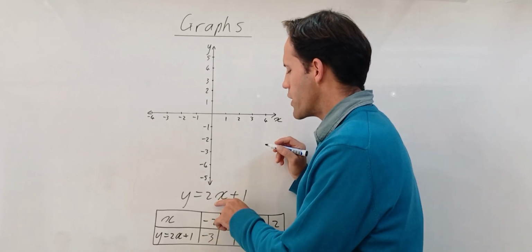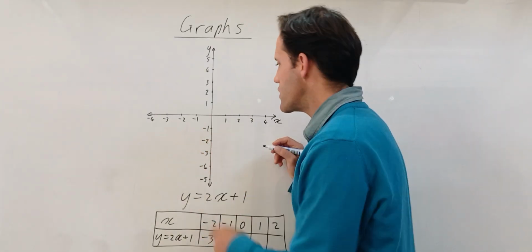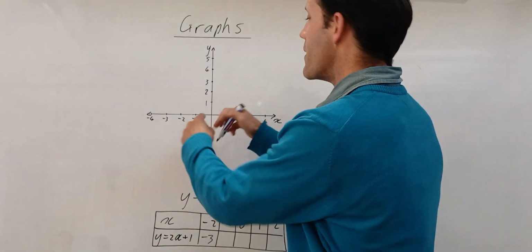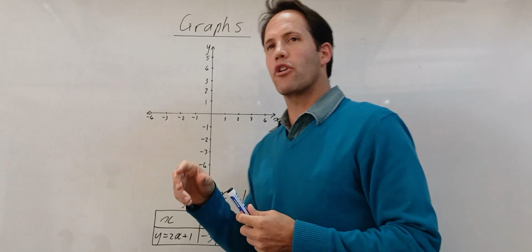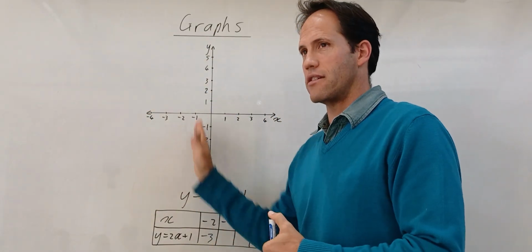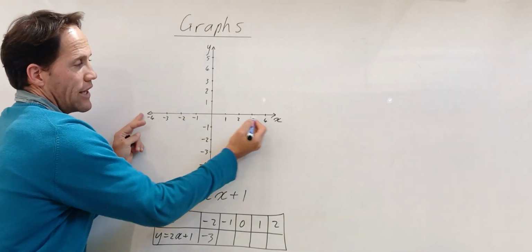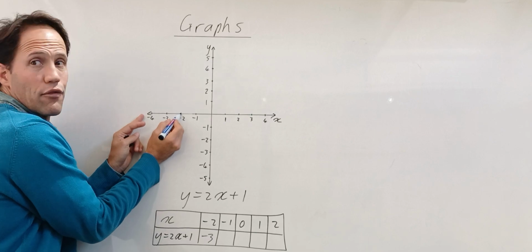Okay? Now you can plot this point, negative 2, negative 3, you can plot it on the graph. You can check now, okay, now where is negative 2? Remember, with Cartesian planes, with graphs, this is always your x-axis and this is your y-axis. Always like that. So if I go to the x-axis here and I check where is negative 2, it's right there. There's negative 2.